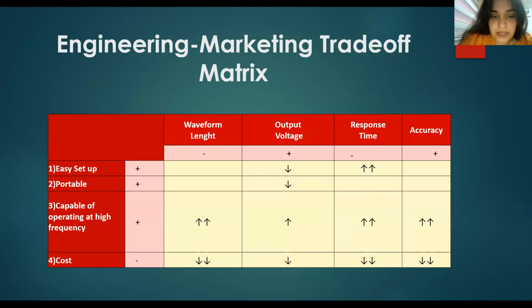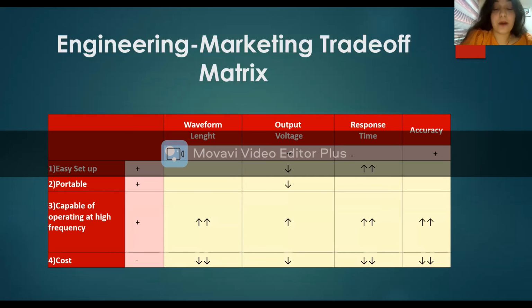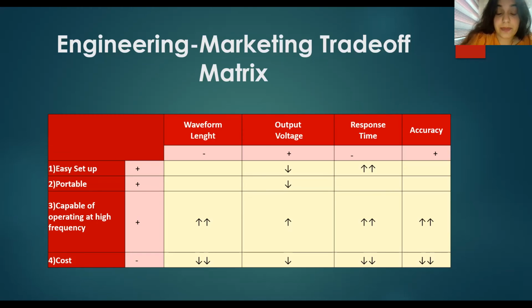In the marketing trade-off, easy setup, portable, capable of operating at high frequency, and finally cost were determined. And if we give an example of the correlation between these two different parameter types, we can say that the higher the efficiency, the more negatively our price will be affected.